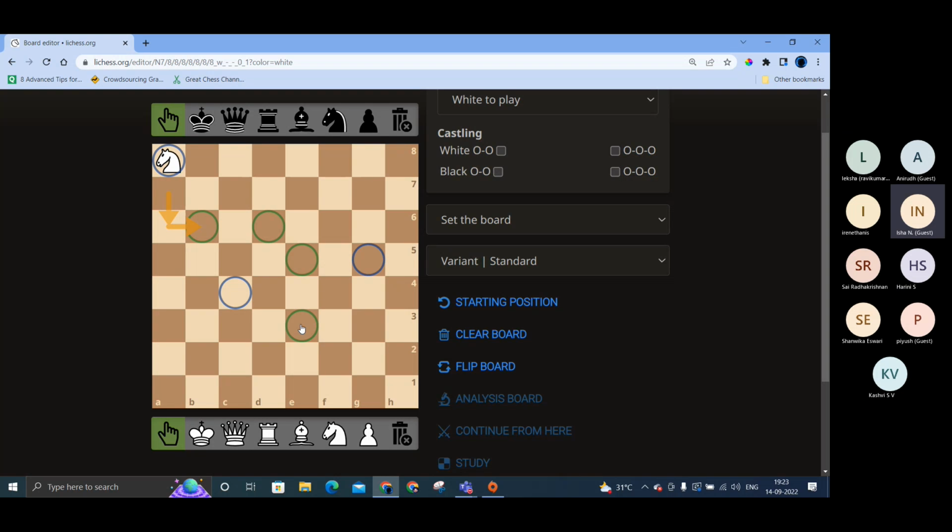E5. Why this square? If you go to E5, then what will happen? Our destination is G5.